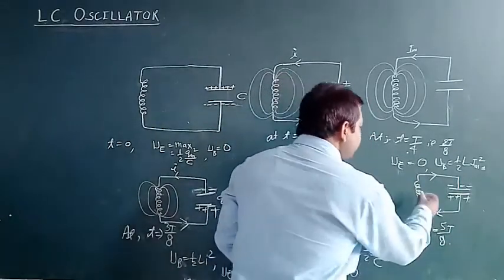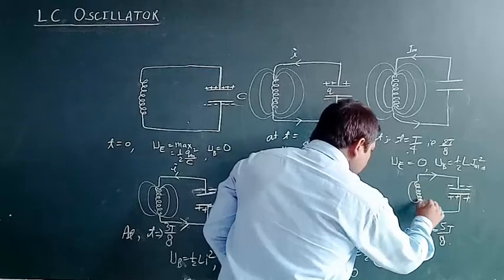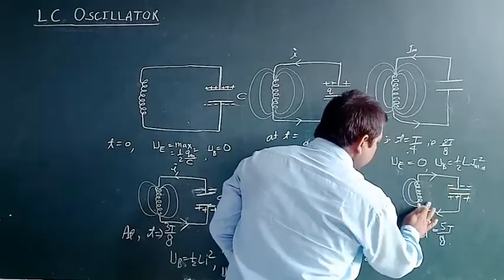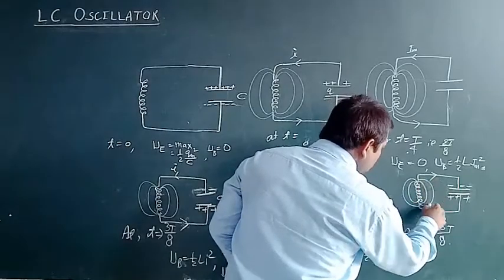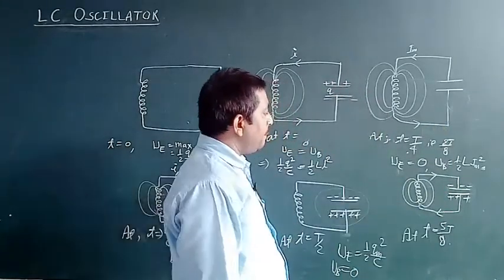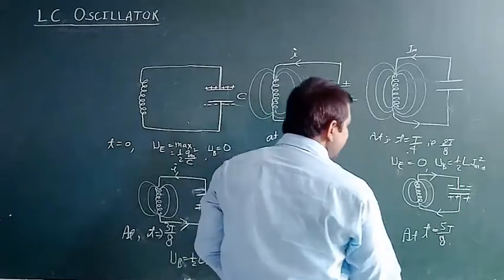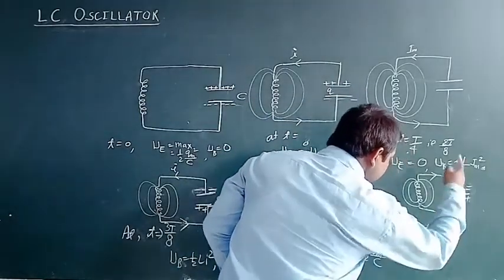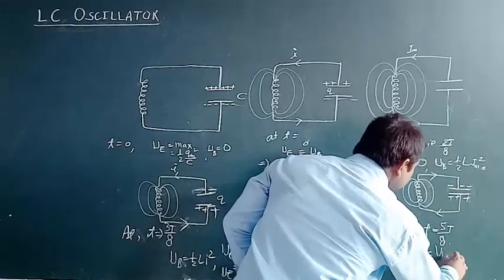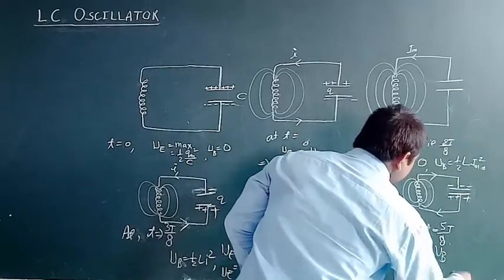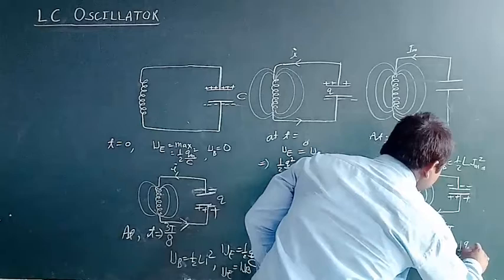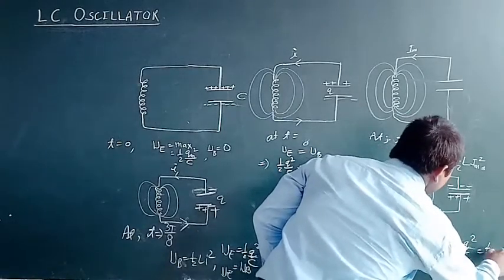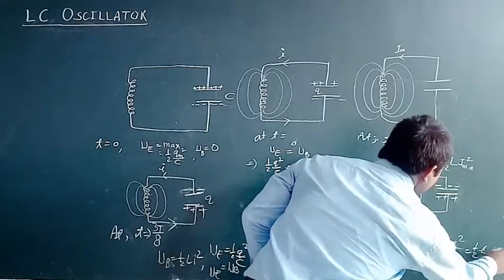Okay, so the energy of the capacitor will leak and will be stored across the inductor in the form of magnetic energy. So in this case we can write that the total energy stored at the capacitor is equal to the total energy at the inductor, which can be written as half of Q square by C is equal to half of L I square.